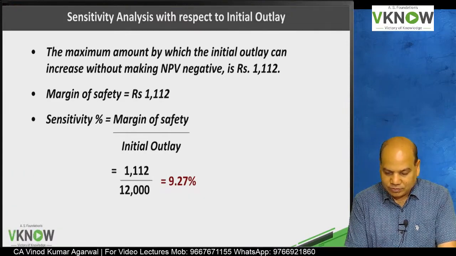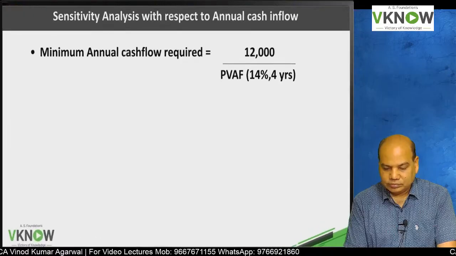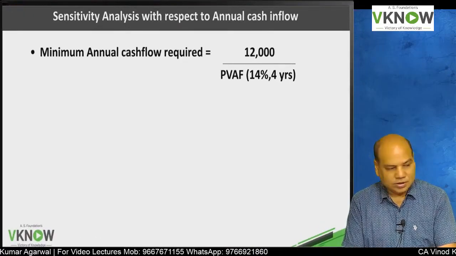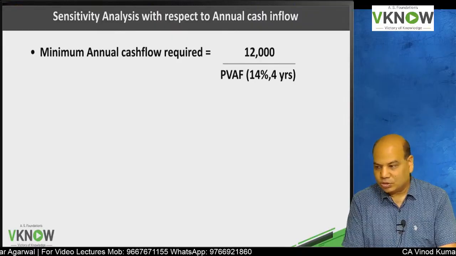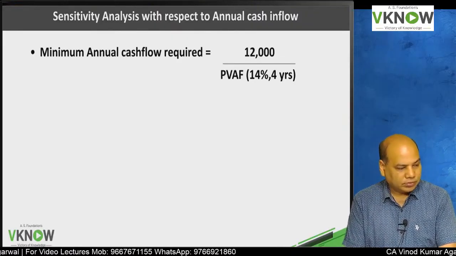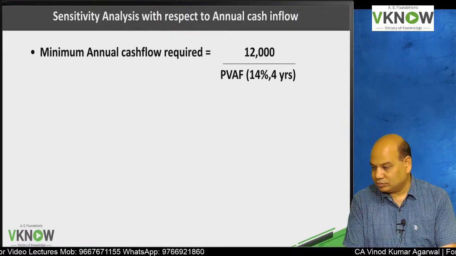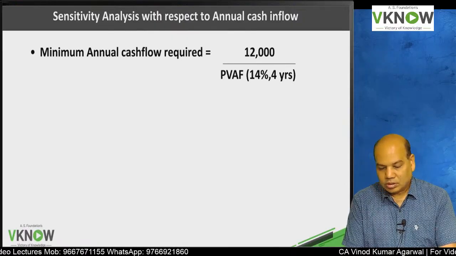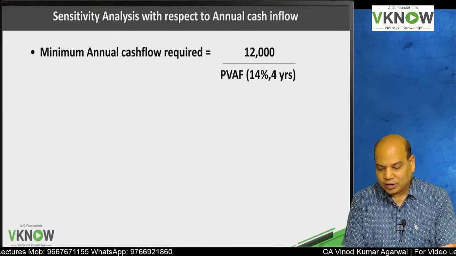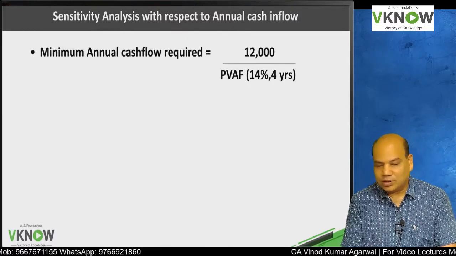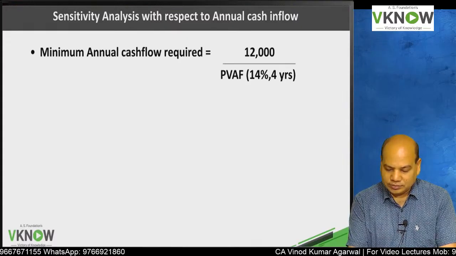Let us try the next one. Next line, write down sensitivity analysis with respect to cash inflow. For that, I need to find out what is the minimum annual cash inflow required.